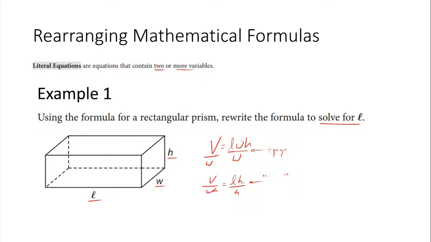And again, if you do this, you should be removing certain parts on the one side that you care about. In this case, we care about the right-hand side because length is there. So in the end, length is going to be by himself with volume over here, and volume is going to be divided by the width and the height. And we're going to apply the symmetric property, which is really just spinning the literal equation around.